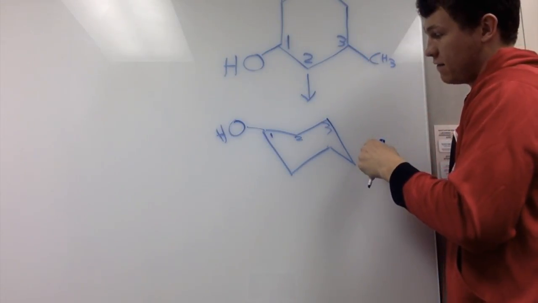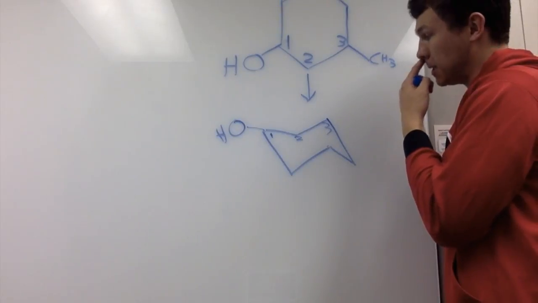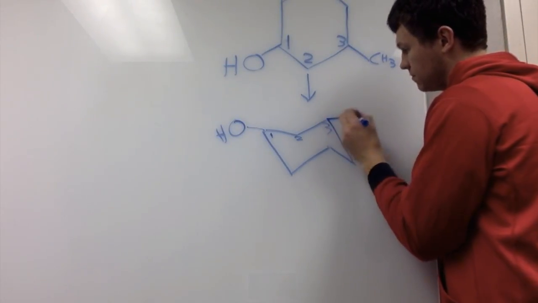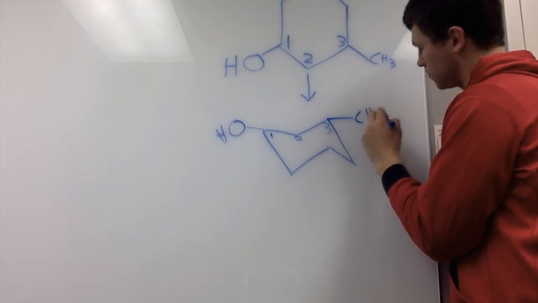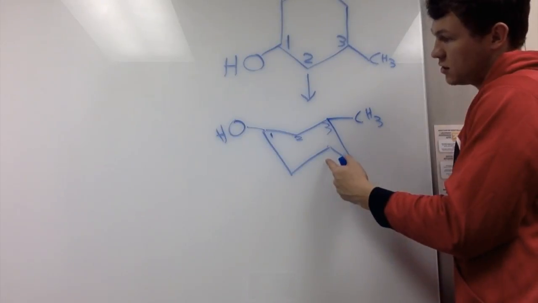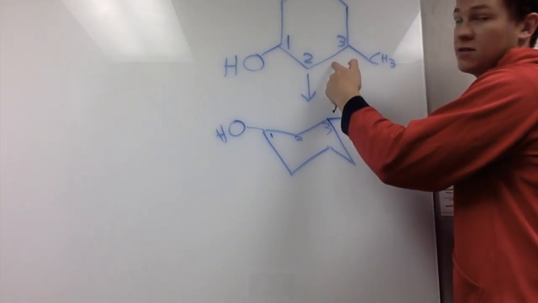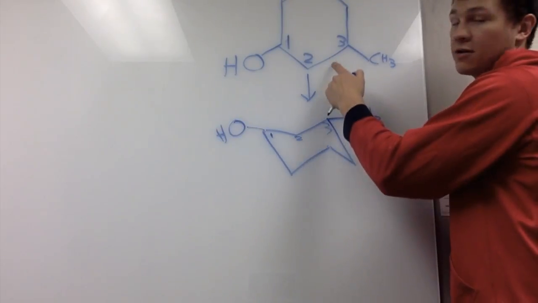Therefore, I know that I have a methyl group on carbon 3 in my chair conformer. So, I add my methyl group. Now, this representation is the same as this one. We have drawn our chair conformer from our skeletal structure.